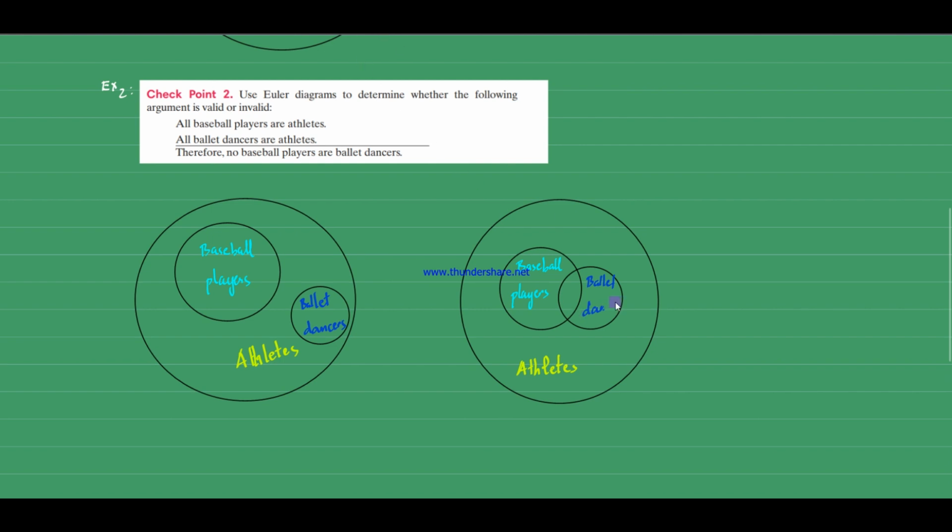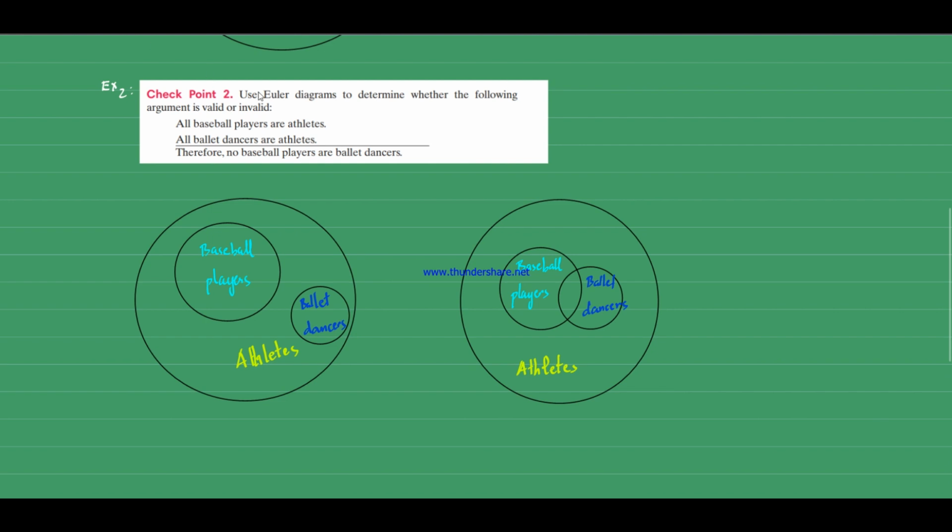You see that? Some ballet dancer is also a baseball player, because the two circles over here share something in common. They share this part right over here.